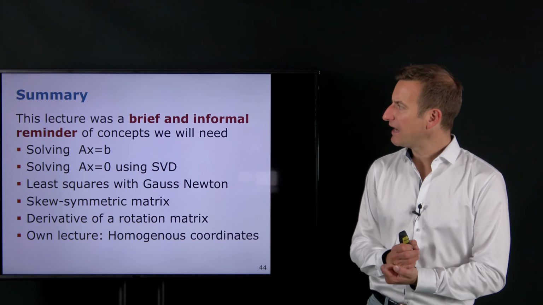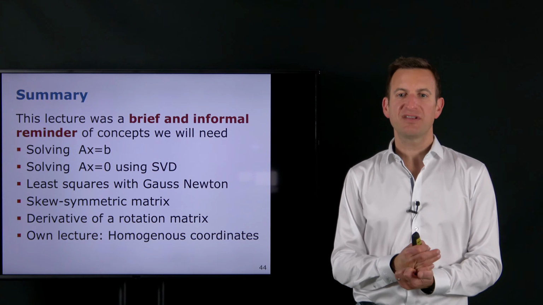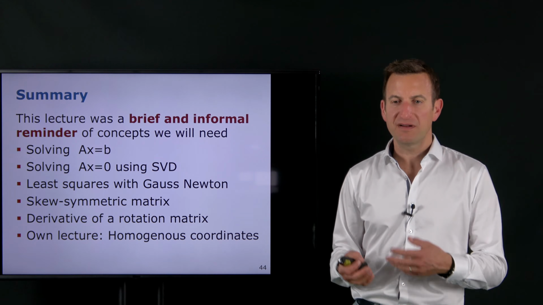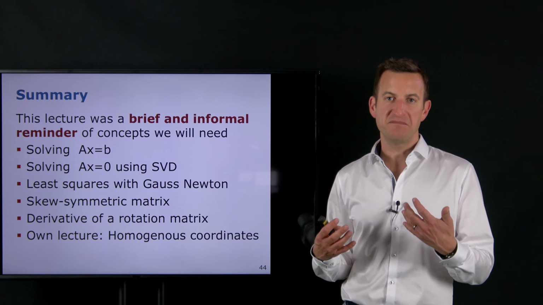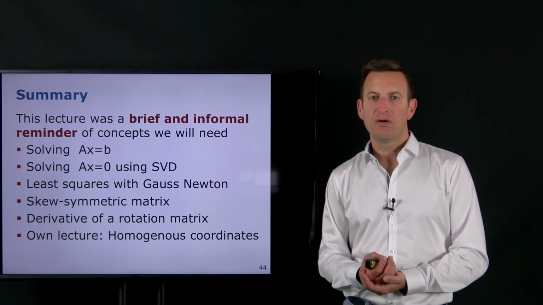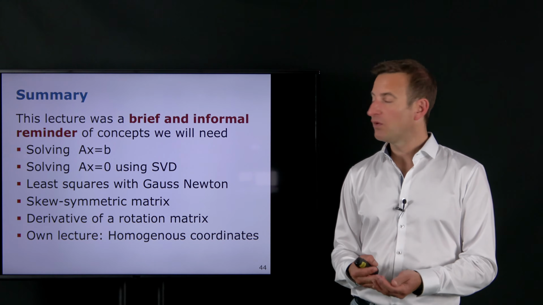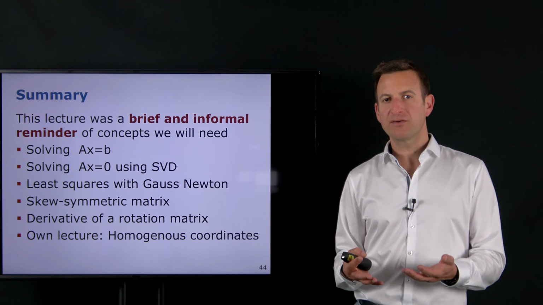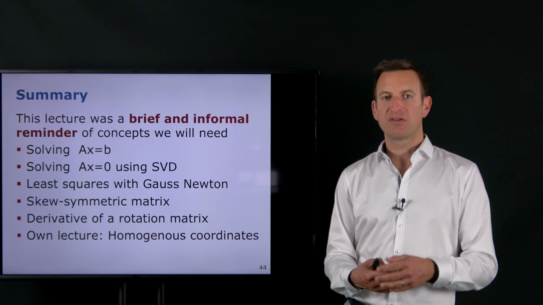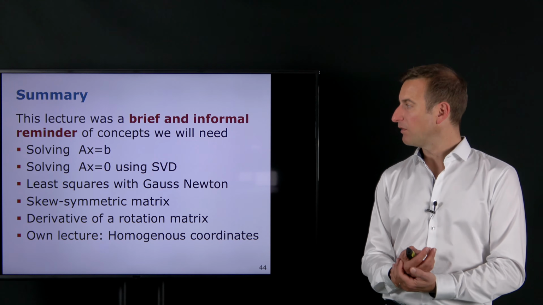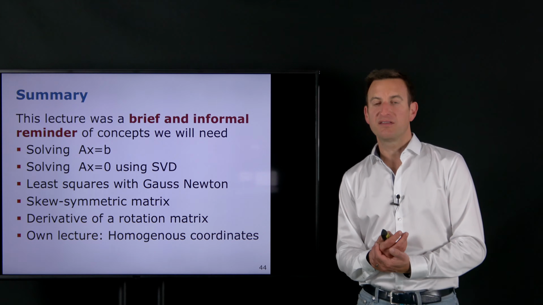And this brings me actually to the end of this lecture here today. Again, this was very brief and informal, but covered a few topics that we need in order to go further in this course. So again, see this as a reminder. If you haven't understood what I was talking about, it may be a good point in time to revisit the textbook of your initial math classes and dive a little bit deeper.